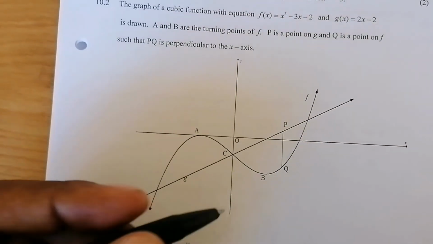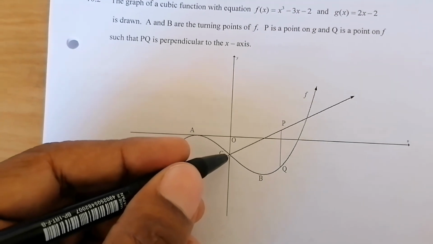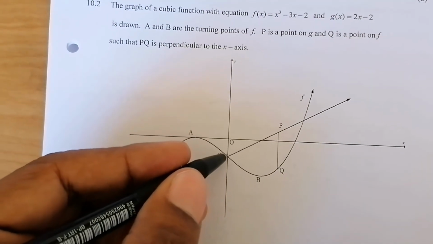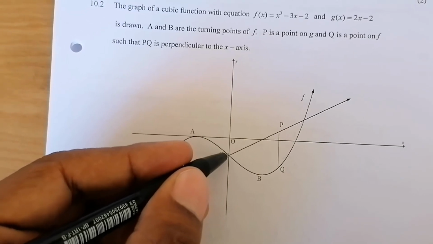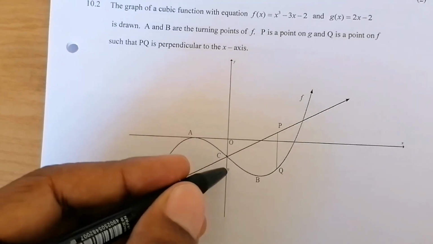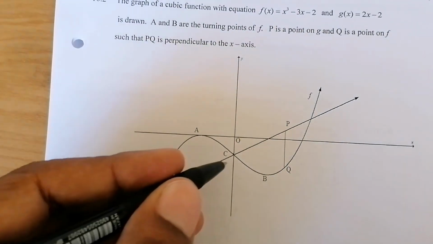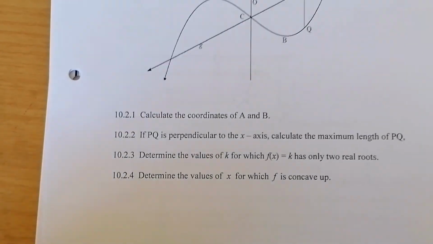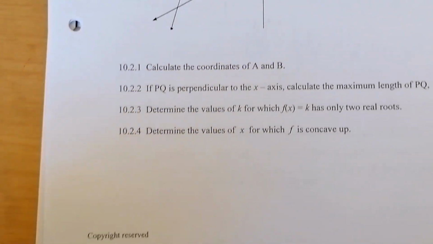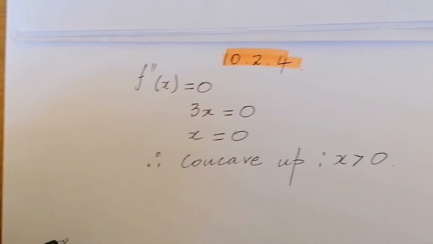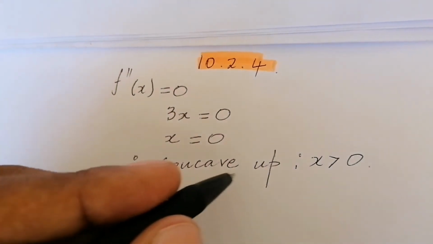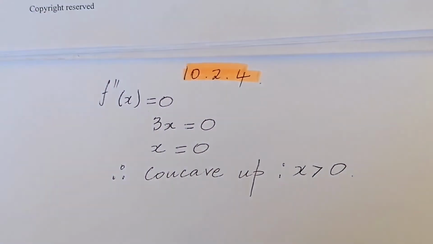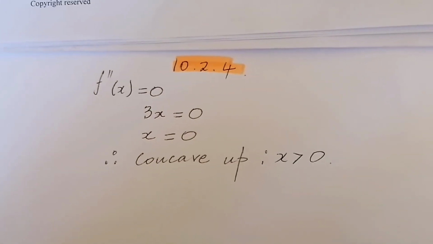Now, what is happening to x as we move from here to that side? X is increasing. It is becoming bigger and bigger than 0. As we move to this side, x is becoming smaller and smaller than 0. Now, to answer that question, we will therefore say the function will be concave up when x is bigger than 0. That is beautifully answering the question.